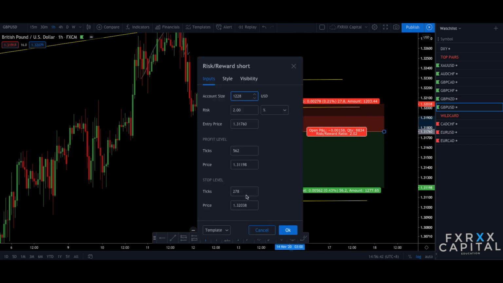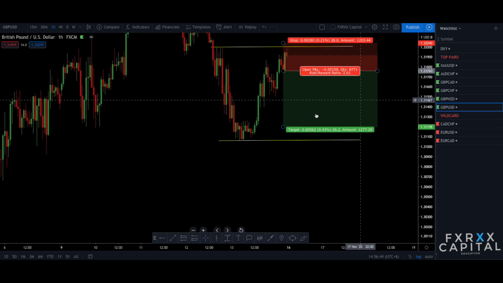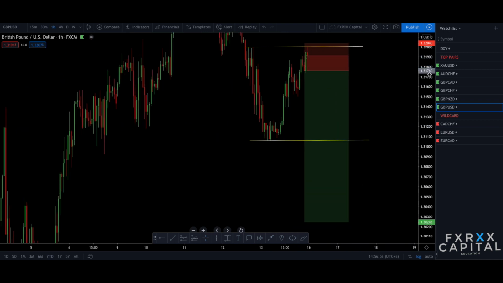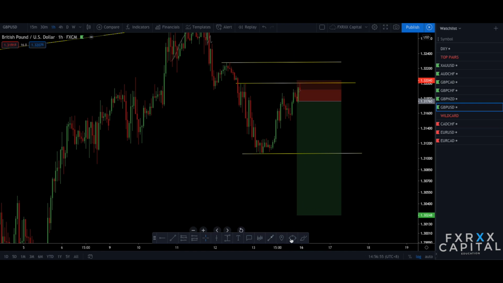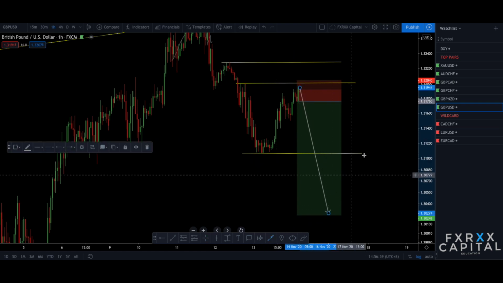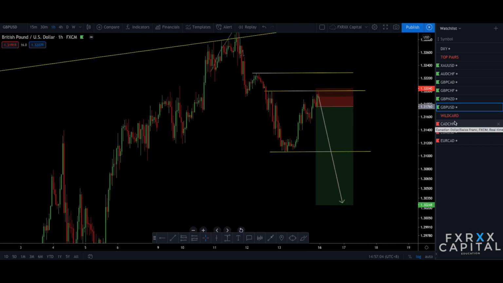Stop loss might need to be adjusted to about 28 pips and sell to the downside. So there will be the move I will take from Pound USD and sell to the downside. That's all for top pair.